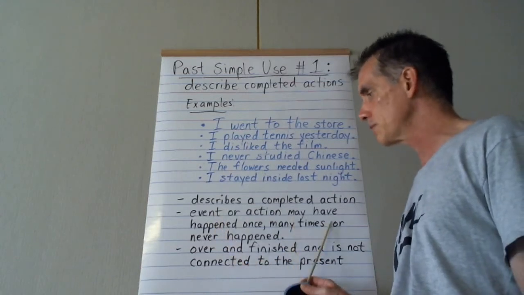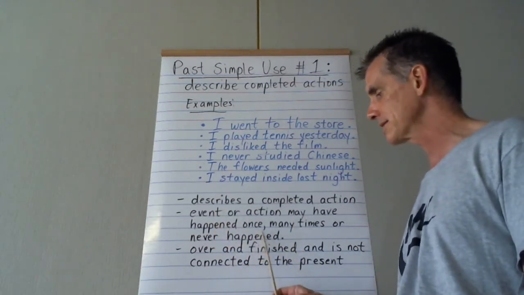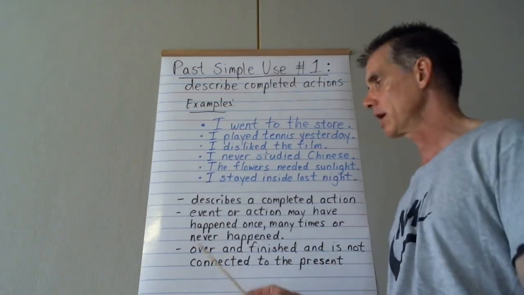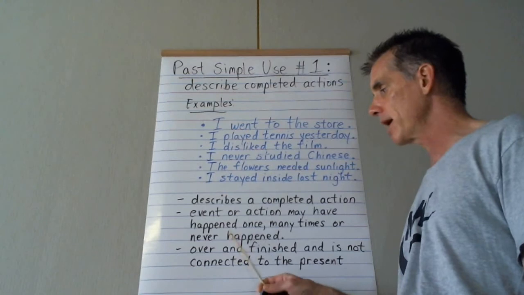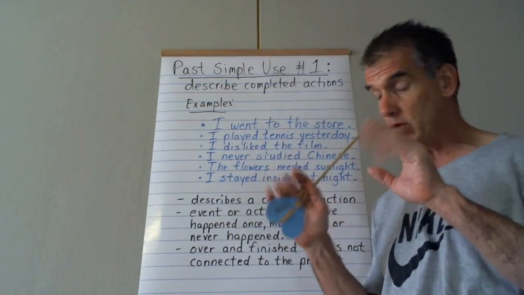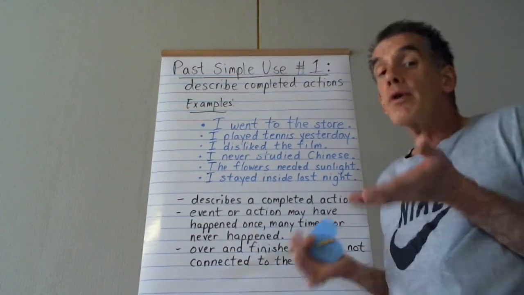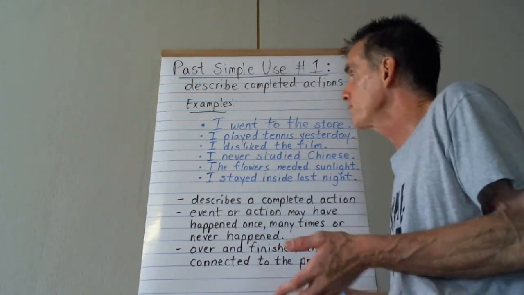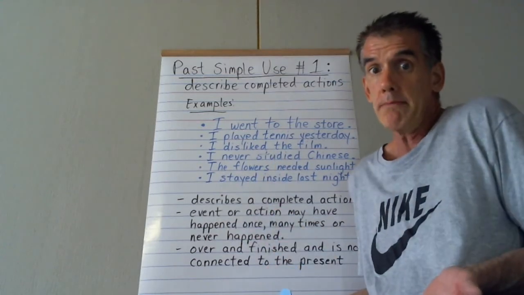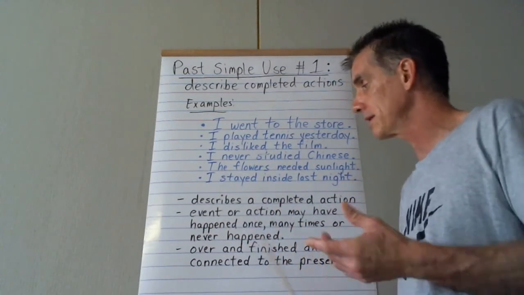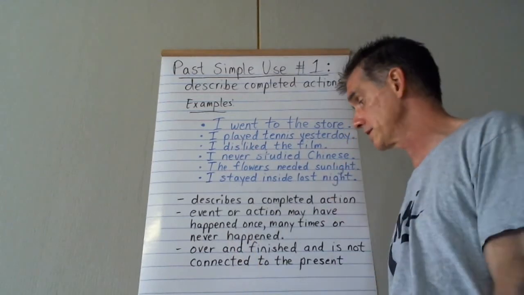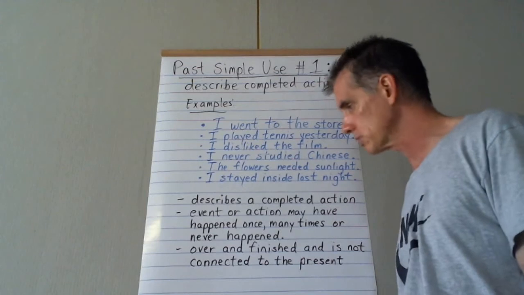The event or action may have happened once, many times, or never happened at all, okay? So I never studied Chinese. That's an example of something that never happened, or it could be something you only did one time, or many times, okay?